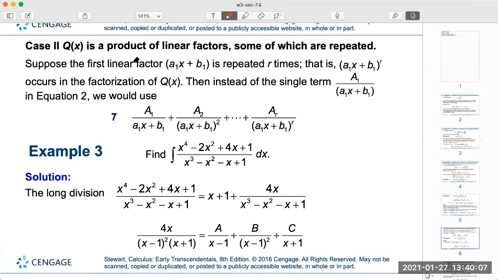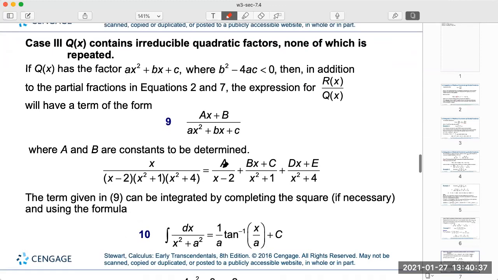The second case is when Q(x), the denominator, is a product of linear factors and some of them are repeated, for example (a1x + b1) to the r, repeated r times. Then we know how to rewrite this fraction.